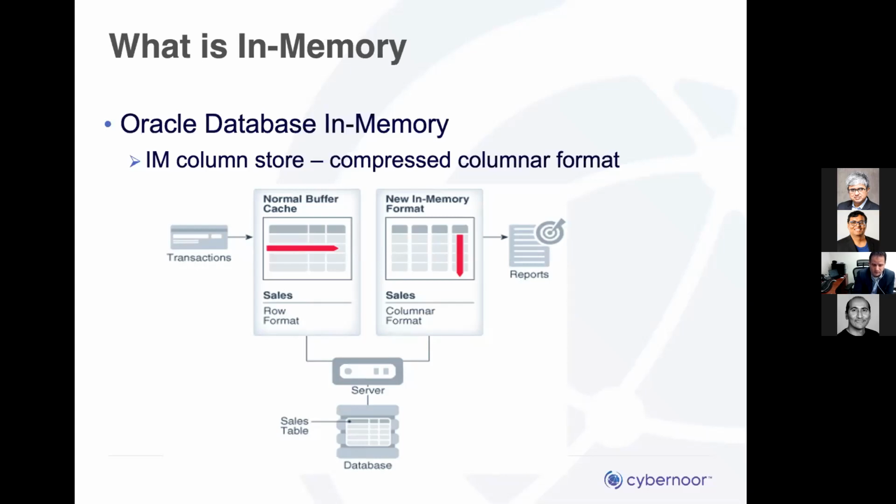The data blocks would typically be stored in the buffer cache in tuple or row format, and then in the column store you have this new in-memory columnar format, to allow for vector processing, or essentially spinning through a large amount of data in a quick fashion, as opposed to the traditional approach of iterating through each of the tuples or rows that you might be used to for executing SQL.